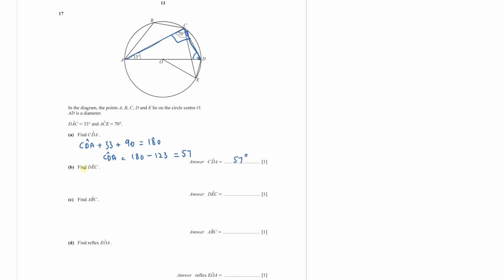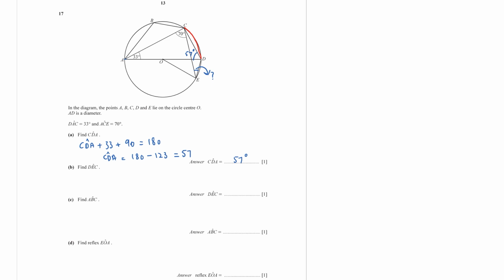Part B is find angle DEC. So let me just erase this, and let me just mark this angle that we have already calculated. This is 57 degrees. Now you have to find DEC. So DEC is this angle here. If you look at this angle DEC, it is subtended by this arc that I'm marking in red, DC.